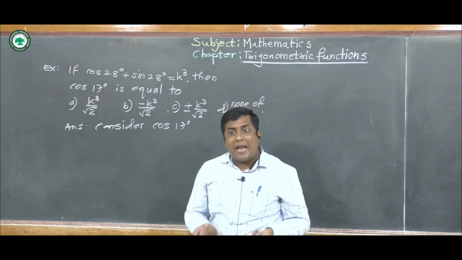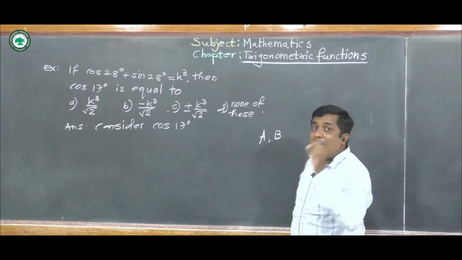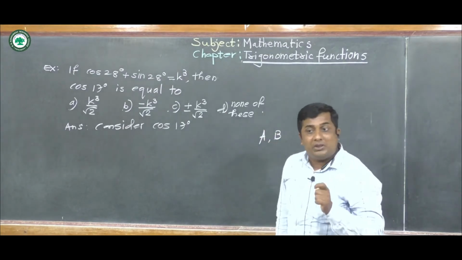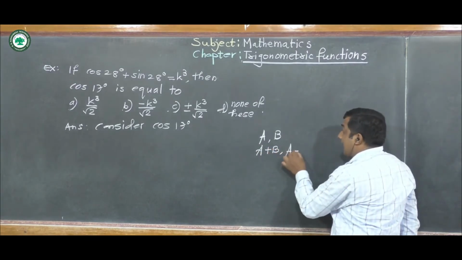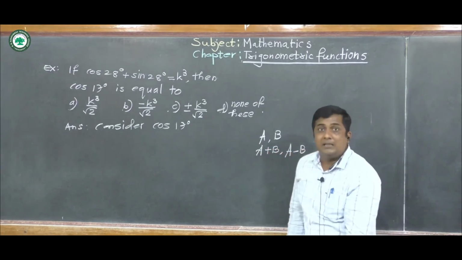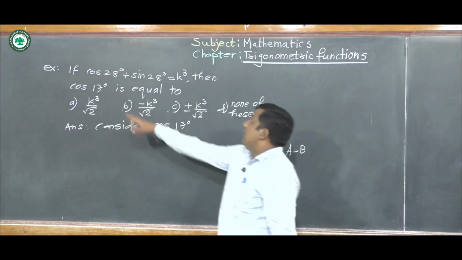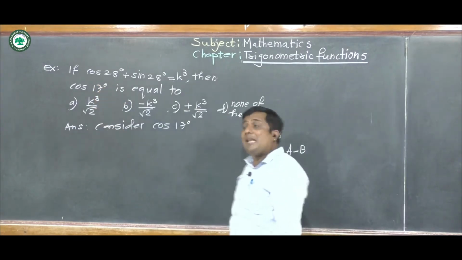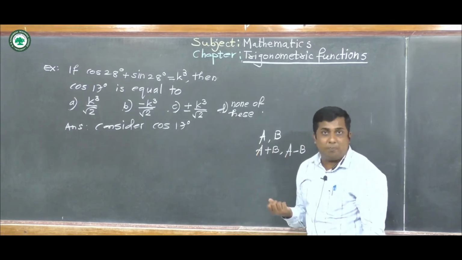Now what is compound angle? Here if A and B are the given two angles, then here A plus B and A minus B, these are the compound angles. Okay, so here we have to write this 17 degree in the form of A plus B and or here A minus B.